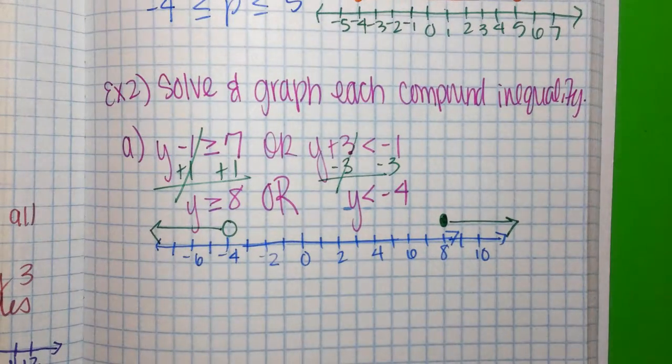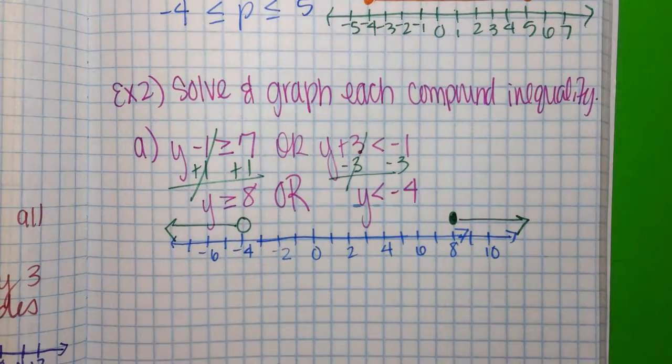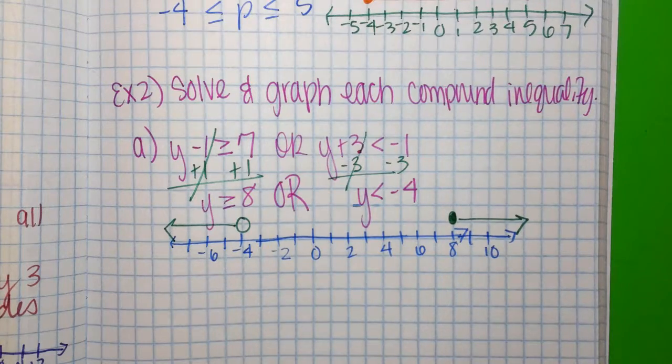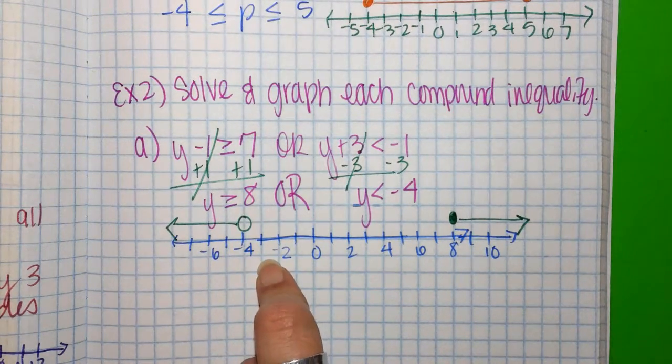Can one of you please tell me a number that is greater than or equal to 8 or less than -4? I want it to be greater than or equal to 8 or less than -4. Is 6 greater than or equal to 8? Is it less than -4?